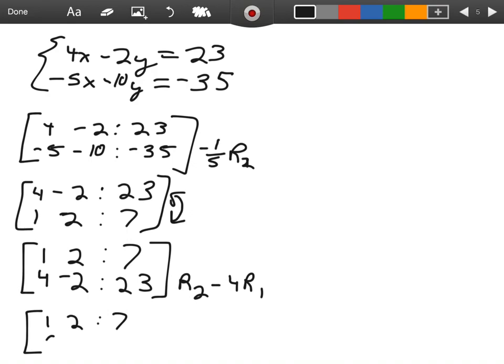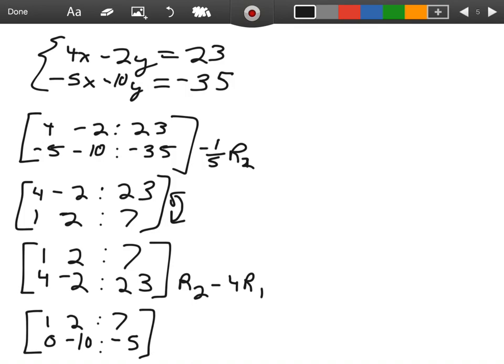So then that becomes 0. And then negative 2 minus 8 is negative 10. And then we have 23 minus 28, which would be negative 5.